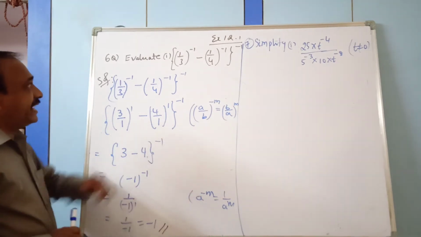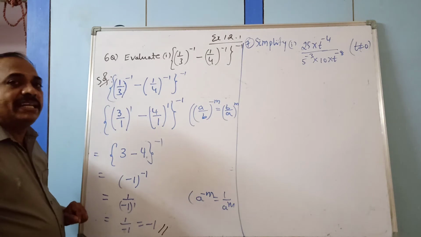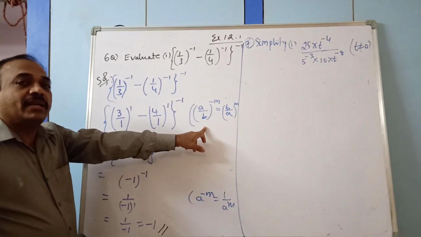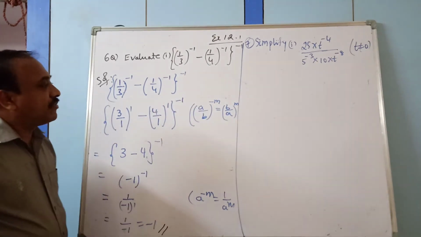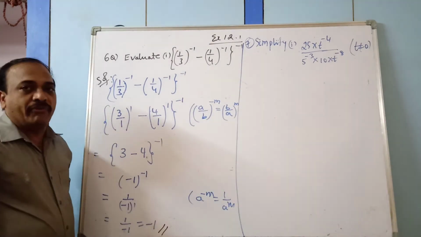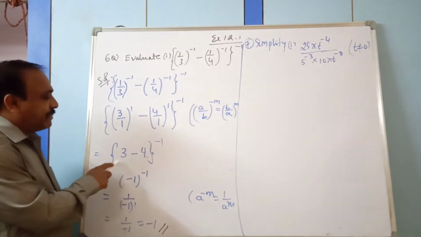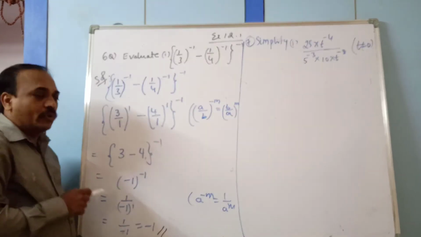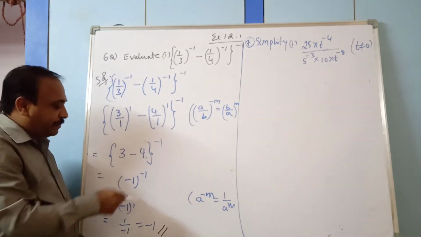Observe it once again, (1/3)^-1. Here we are taking the reciprocal by applying the identity (a/b)^-m = (b/a)^m. Next, 3/1 is 3, 4/1 is 4, and 3 minus 4 is -1. Then (-1)^-1.